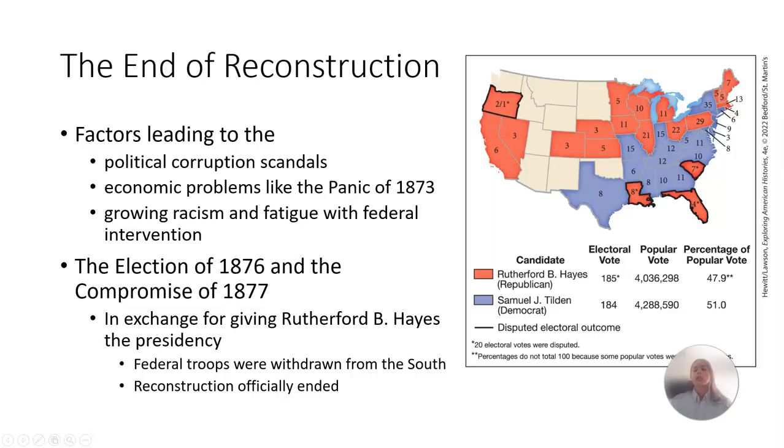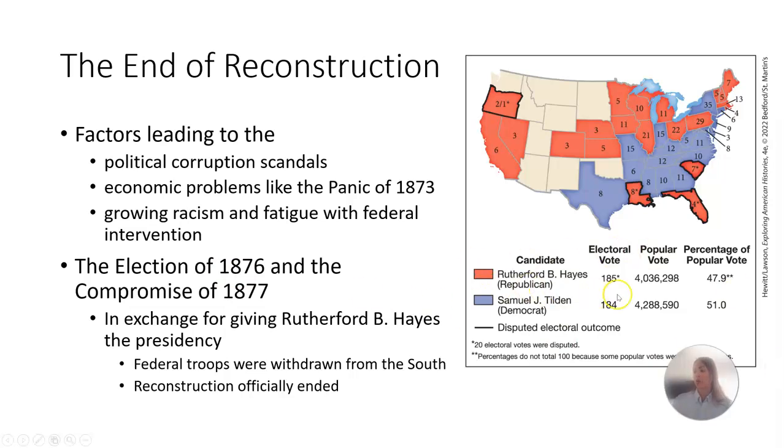So the end of Reconstruction, and this is what I kind of want to end on, is by the 1870s, support for Reconstruction began to fade. And there's a lot of reasons, but here are three big ones. Economic crisis, political corruption, scandals, economic problems like the Panic of 1873, and then this growing racial prejudice in the North. And then comes the election of 1876, and it's a disputed election.